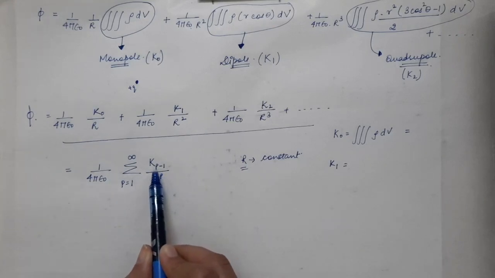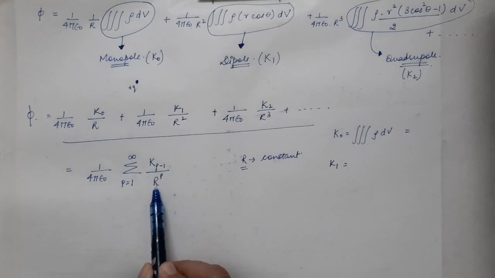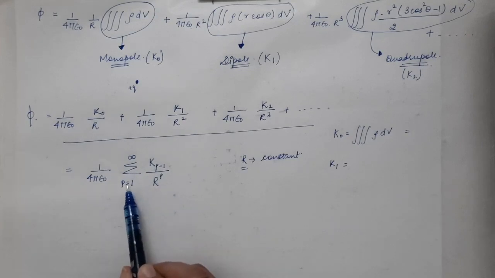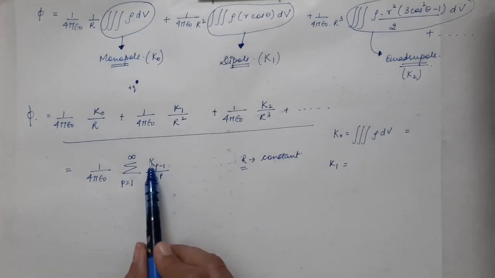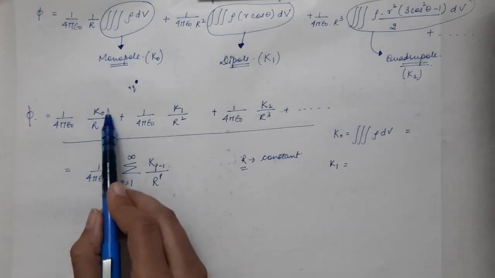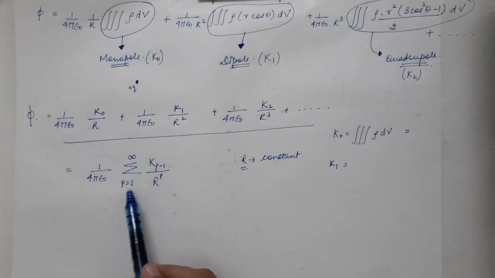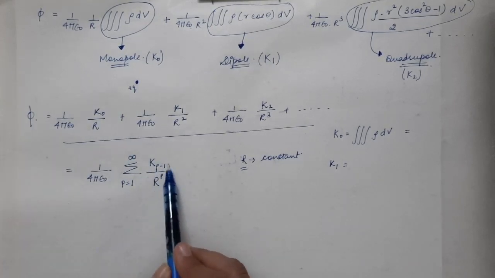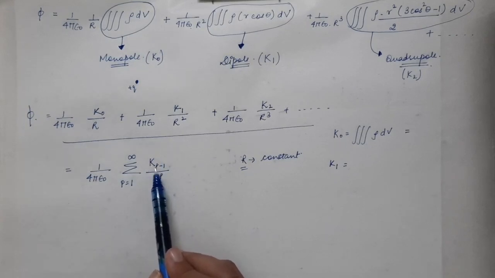Now when you put p equal to 1, you get k1 minus 1, that is k0, divided by R power p. So for the first term, p equal to 1, you get k0 divided by capital R. Then for the second term p will be equal to 2, so the numerator will be k2 minus 1, that is k1, divided by R square.